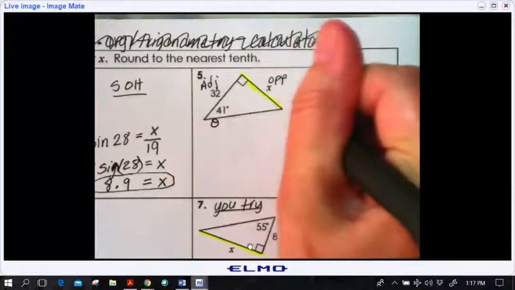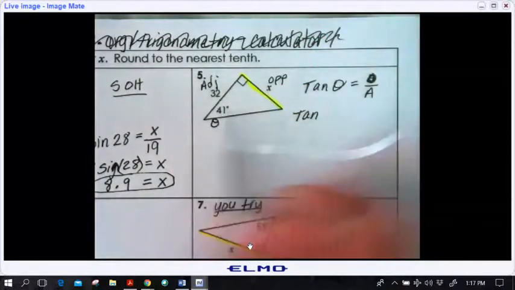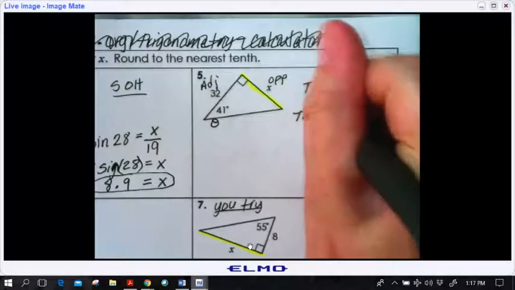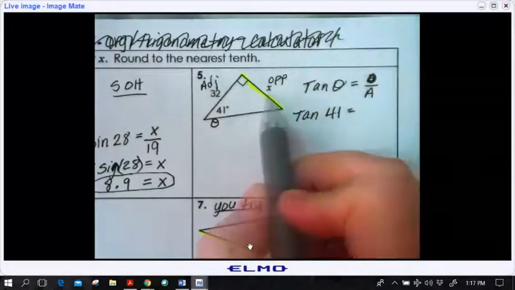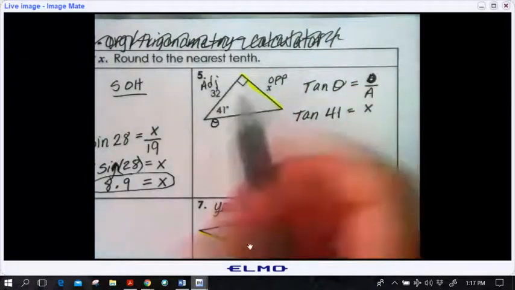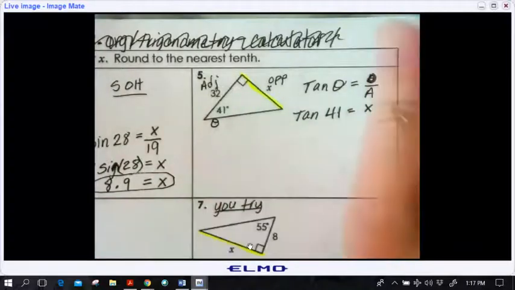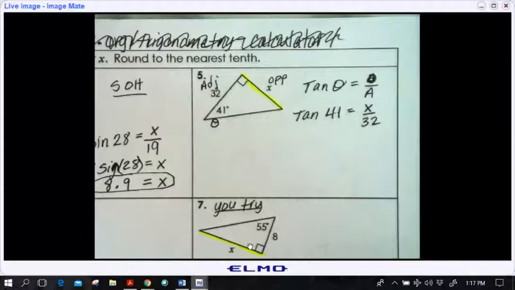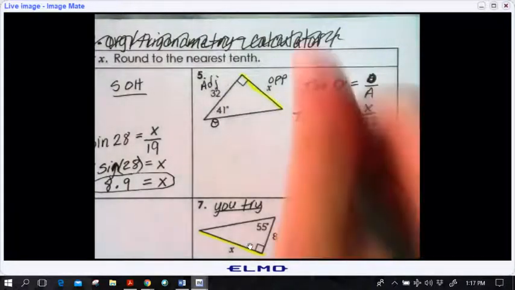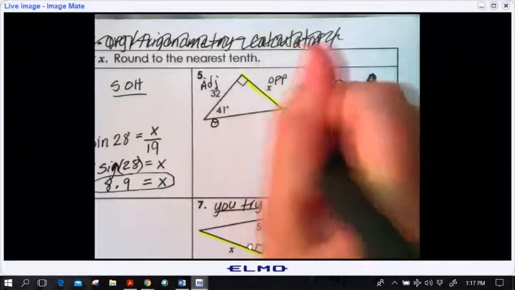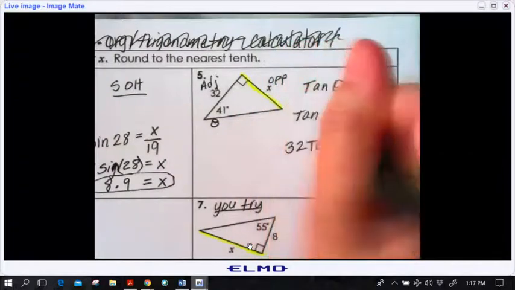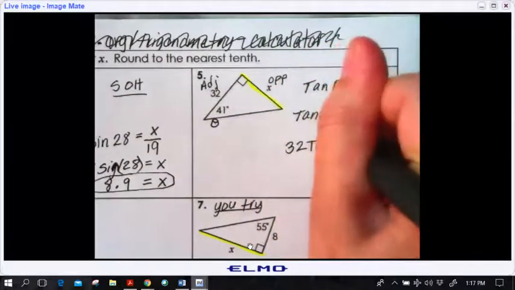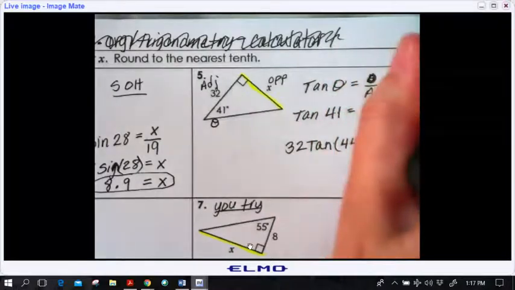So tangent, my theta is 41 degrees. Opposite is x. And then adjacent is 32. So same as before, I need to multiply both sides by 32. And I get 32 tangent 41 equals x.